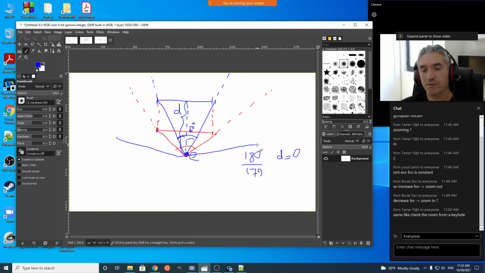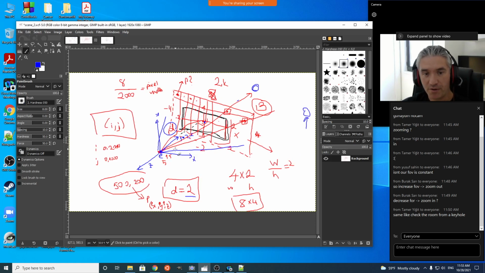So the field of view is larger. Playing with this D, we can have a variable, dynamic field of view angle. All right, so that's one thing to discuss about these parameters, what happens when we change this D.